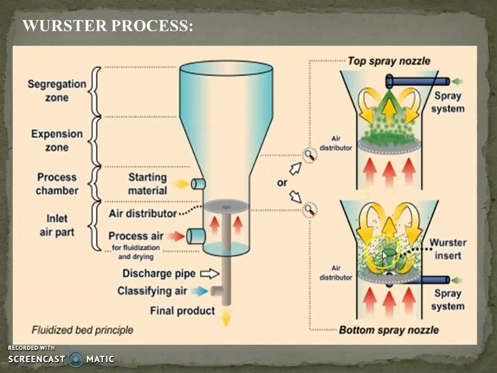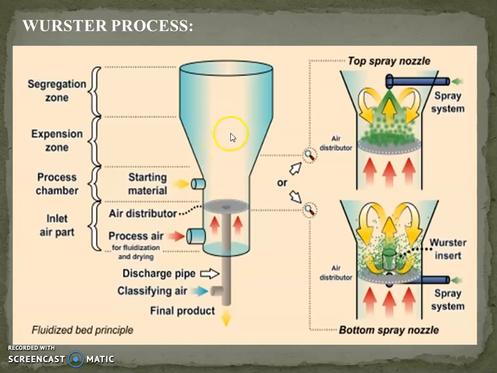The second system is called the bottom spray system. In this case, the spraying nozzle is placed at the bottom side of the equipment, where the coating solutions are sprayed in an upward direction, where the core materials are suspended in the air.